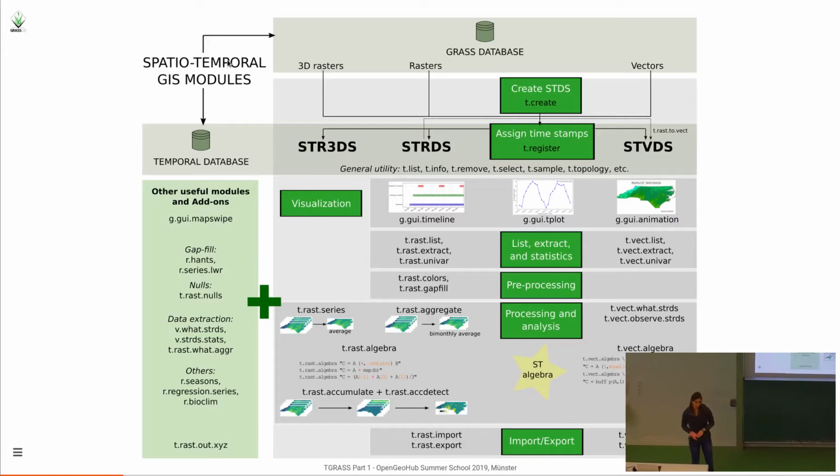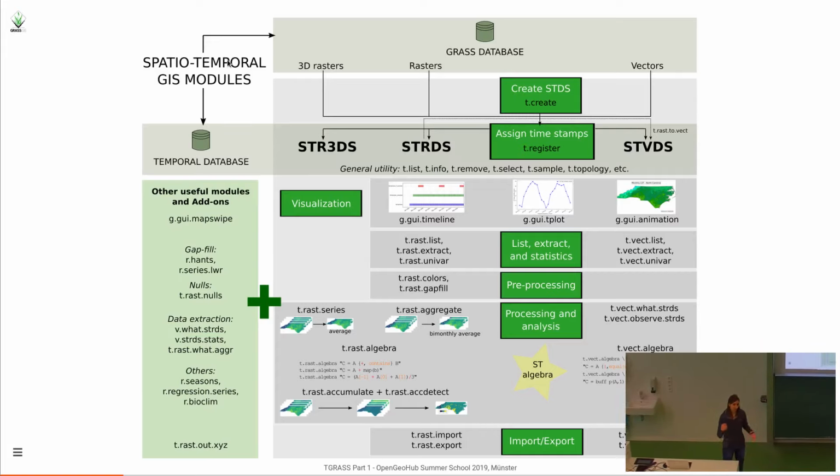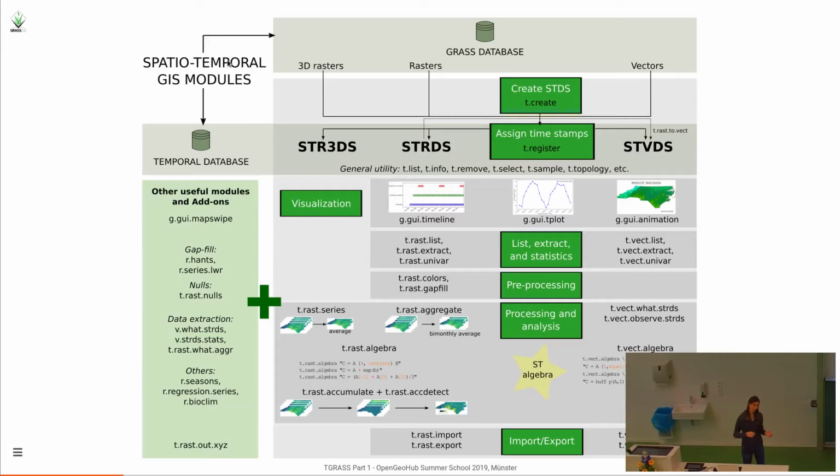Or we can do animations as well. Then we can do different listings, selections and extractions of maps, always using the dates or the variables stored in this table. So we can select, for example, from one day to another where the minimum is higher than something, things like that.